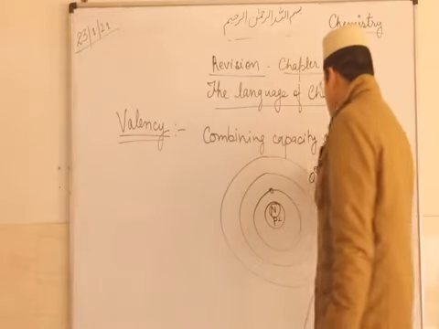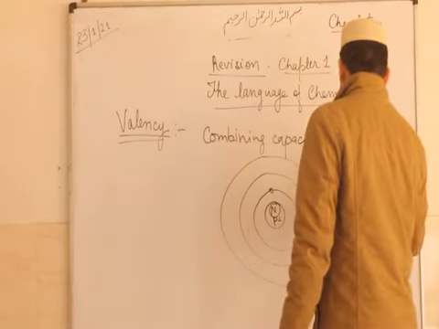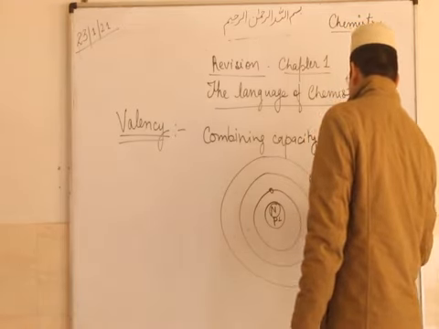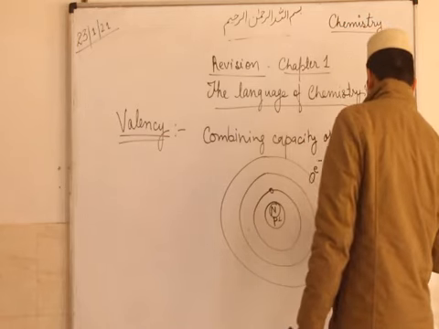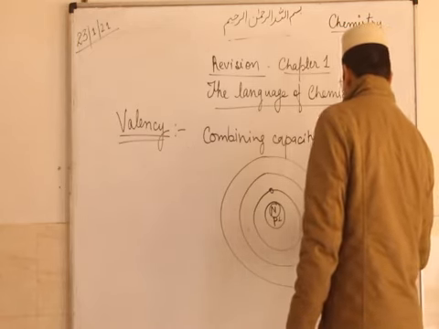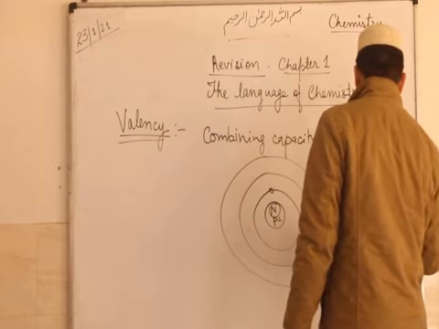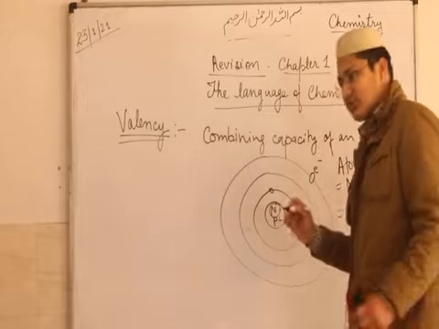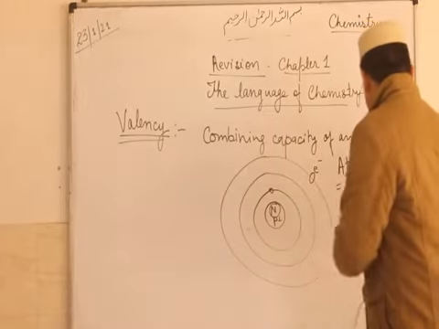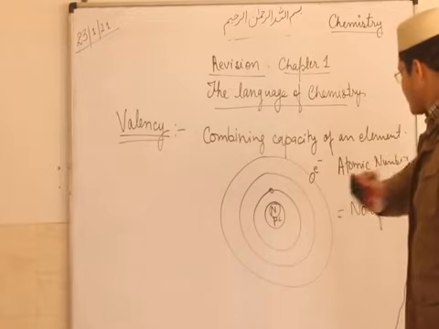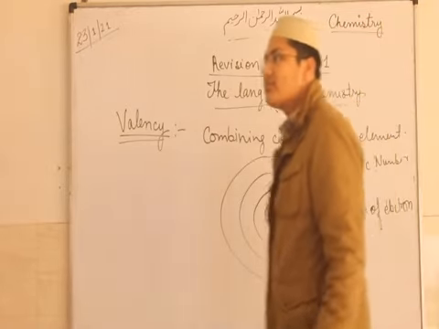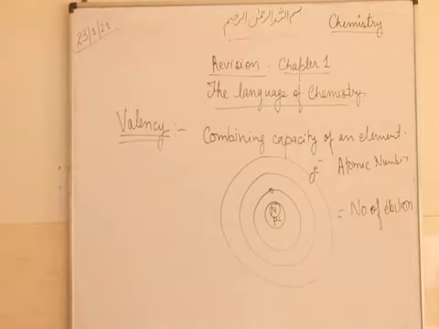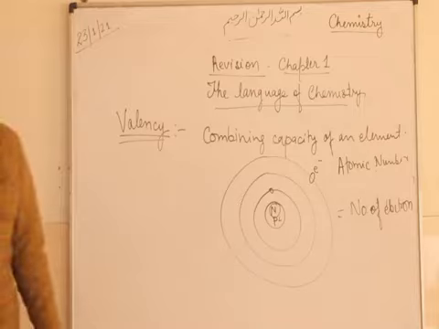Atomic number is equal to the number of protons, which is also equal to the number of electrons. Not in every case. In most cases, yes, definitely. In ions, the number of electrons is one less, but the protons will not change.